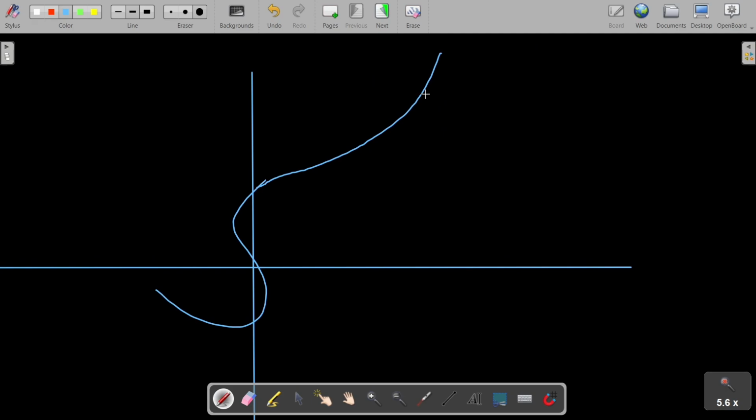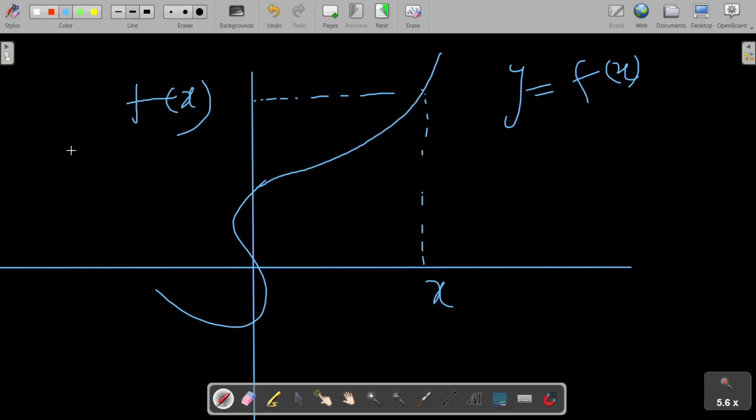Let's say this is a point x for this function, and this is a graph of y is equal to f of x. If this is x, then this point will become f of x. And this point is 0, 0.